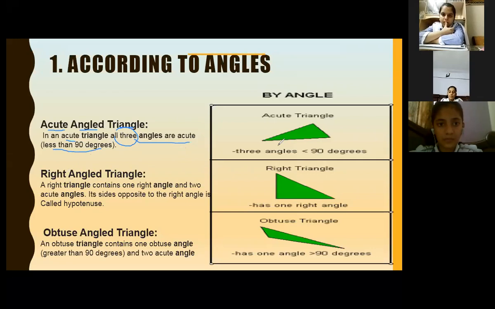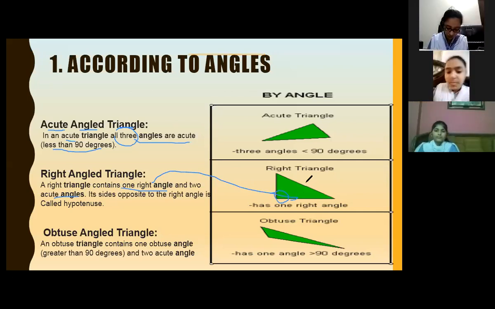Beta, a right angle triangle contains one right angle, which means 90 degree. Here we can see that this is 90 degree, and two acute angles.